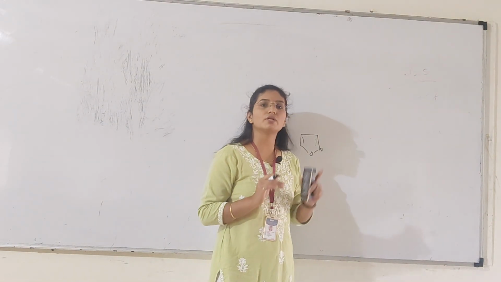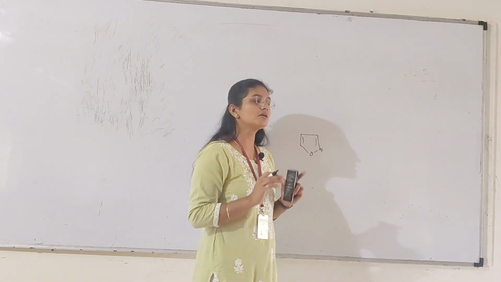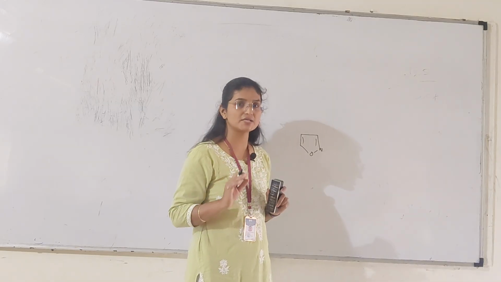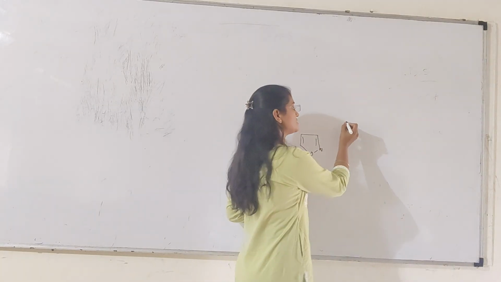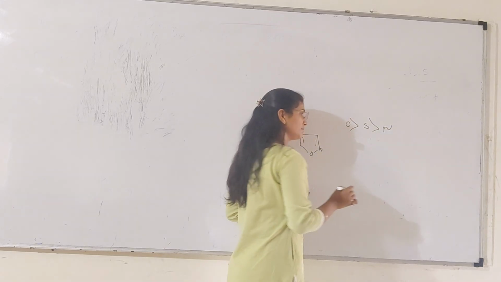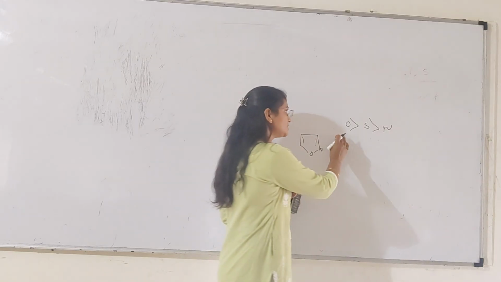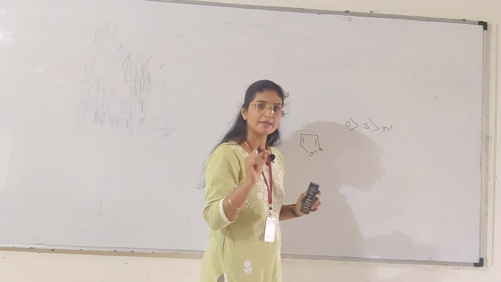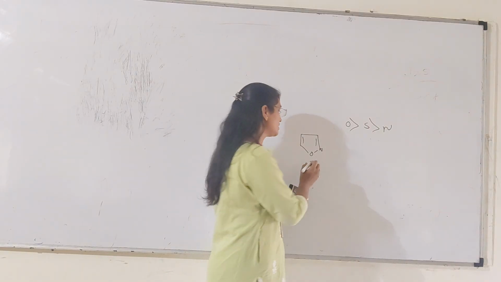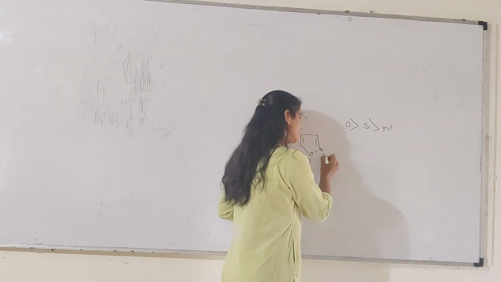When your heterocyclic compound contains more than one heteroatom, there is a priority or preference order. Remember, the preference order is oxygen, sulfur and nitrogen. Means if your ring contains oxygen and nitrogen in the same ring, then the first number, or the least number, must be given to oxygen, and the second to nitrogen.